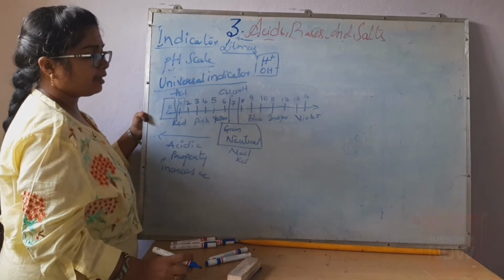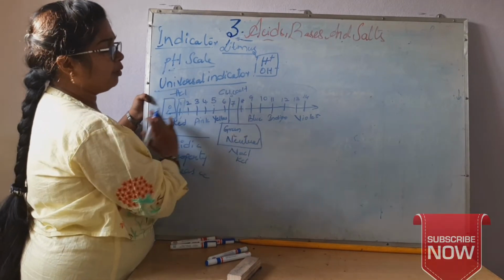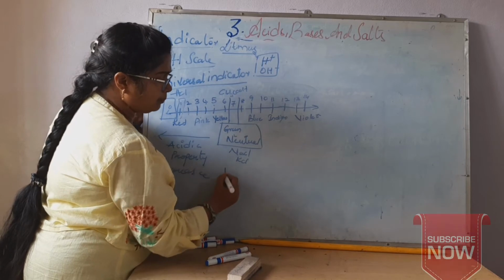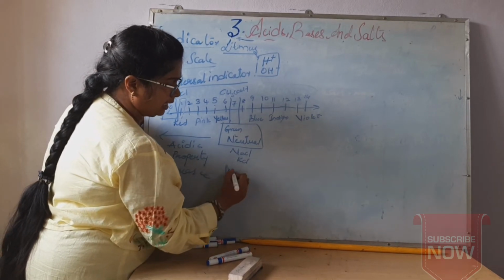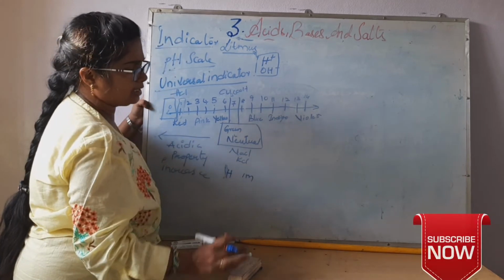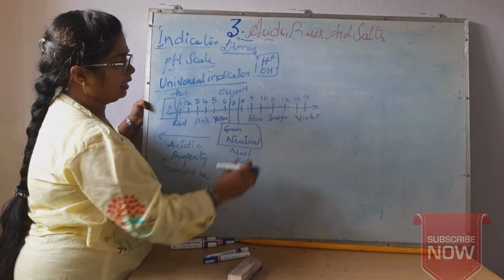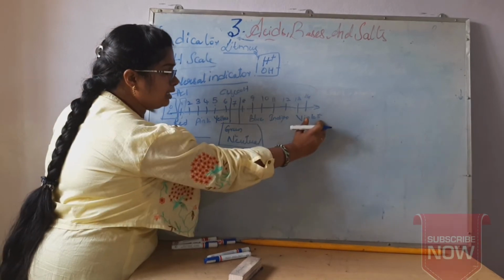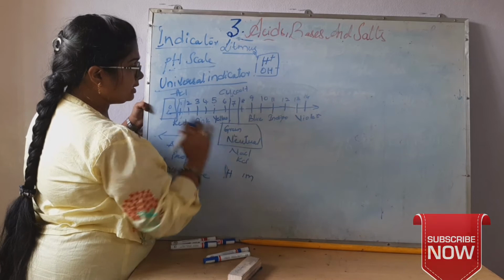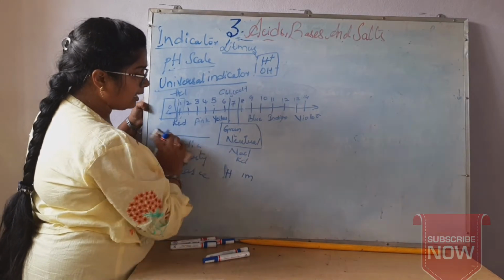HCl at 0. And to avoid negative numbers, the H concentration for pH is always taken as less than 1 molar only, to avoid negative logarithms. Then when you go this side, 8, it is a weak base. I said already, increase in weak.